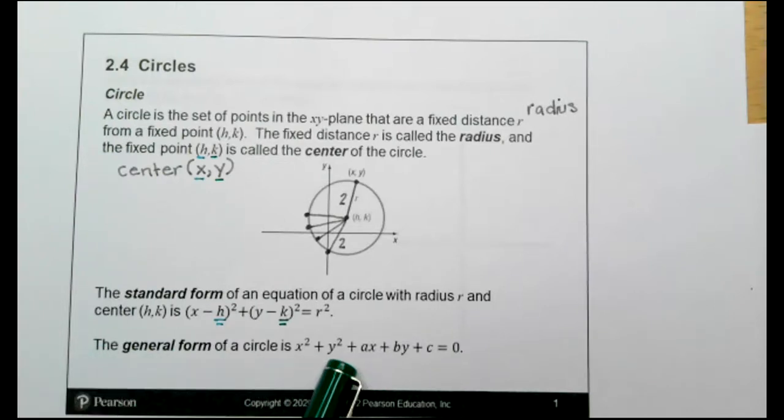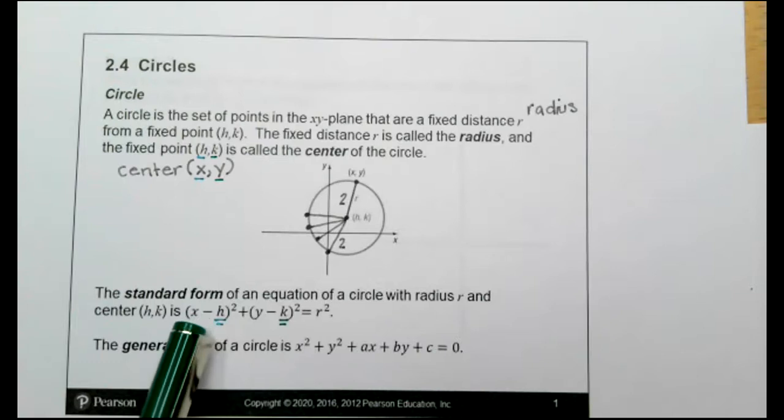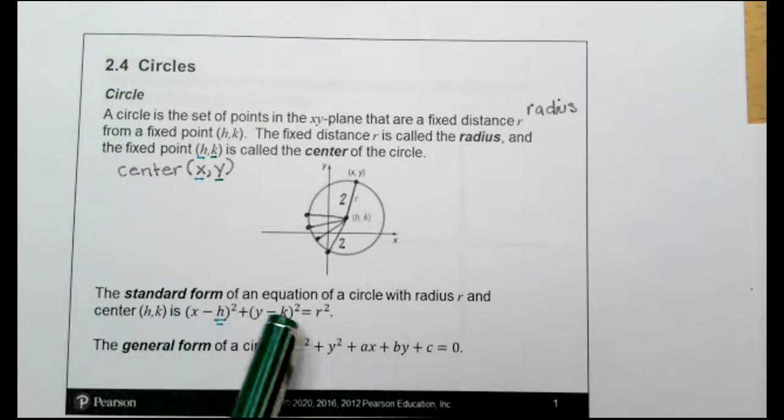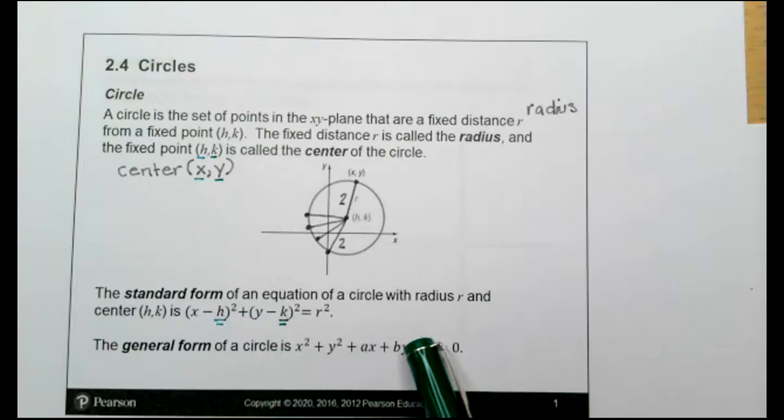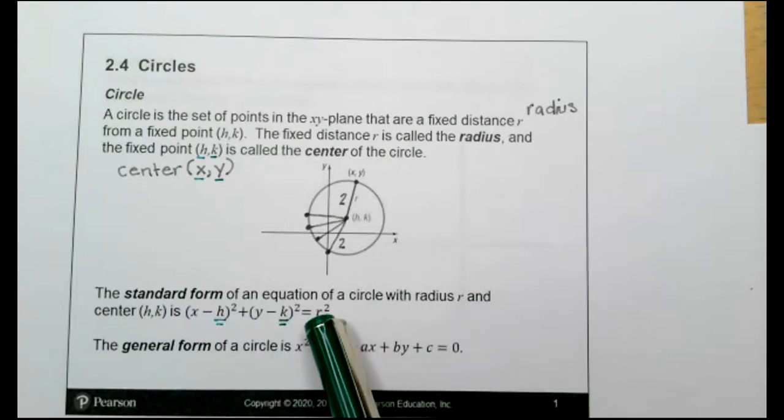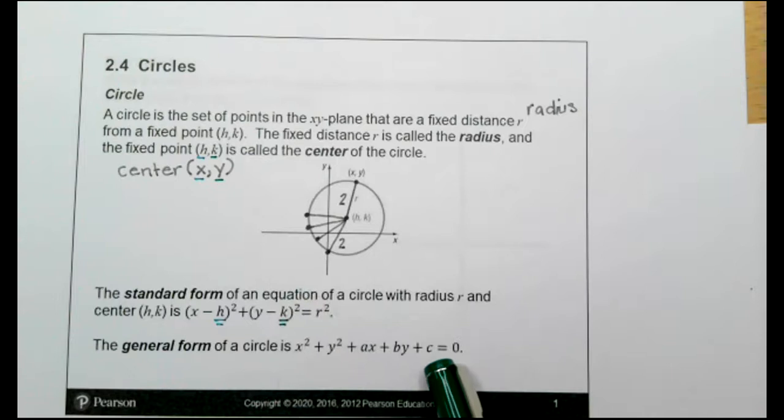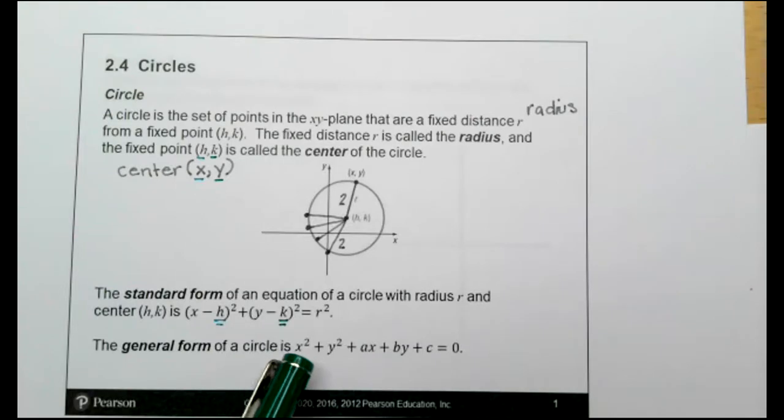The general form of a circle is you just take the algebra, you use algebra to FOIL this out until you have a very long one. You move r back over here so it's set equal to 0, and you leave it with x squared, y squared, ax, by, c. So you're going in order, like alphabetical order, and from greatest to least order, okay?